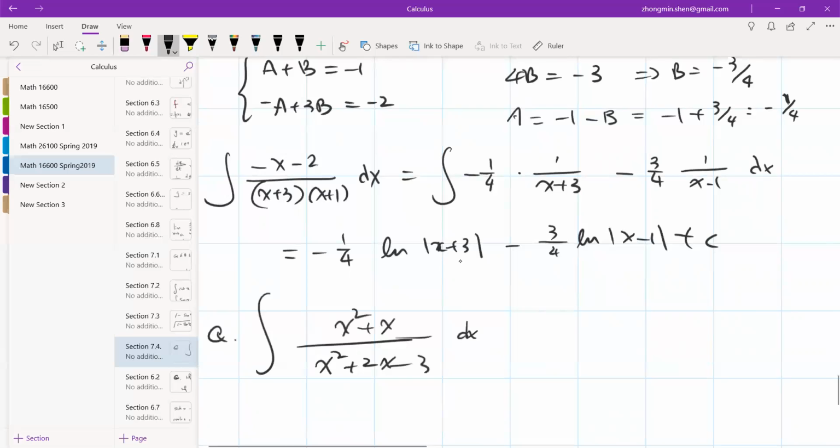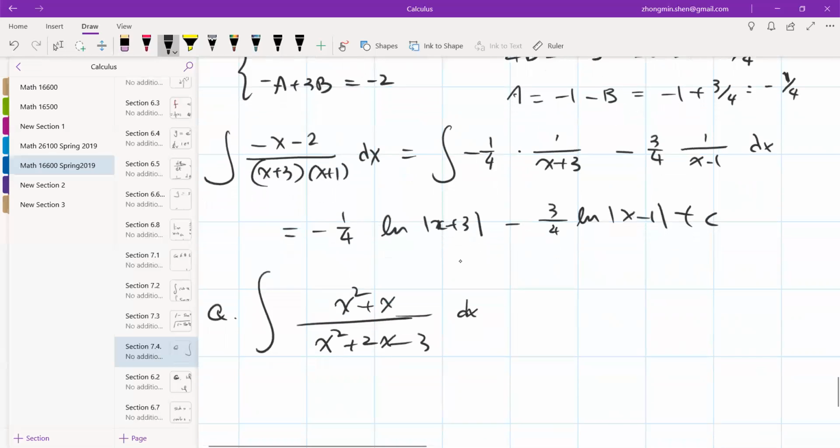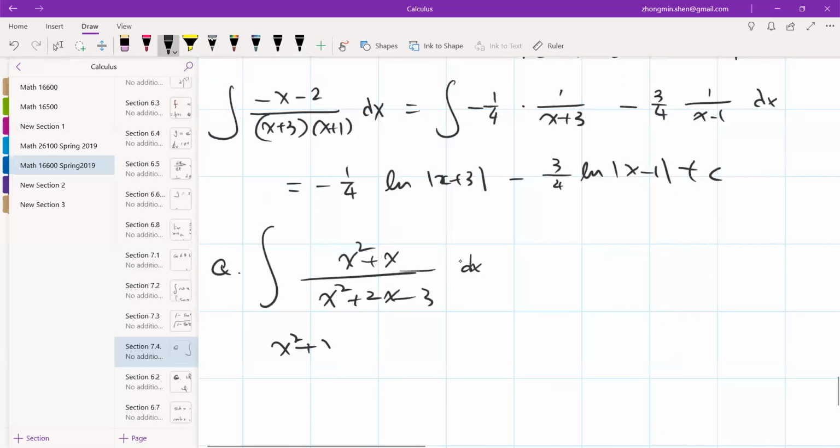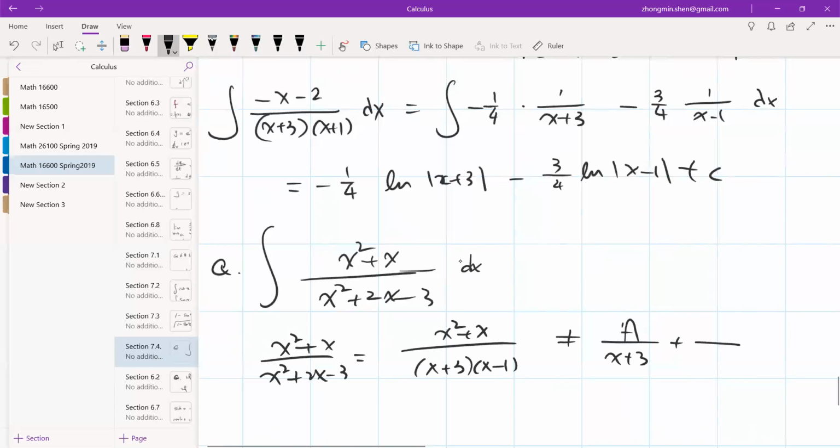Then we cannot express it as a sum of those two simple forms. So x squared plus x over x squared plus 2x minus 3. I know the denominator can be x plus 3 times x minus 1, but I'm not able to express it in that form.